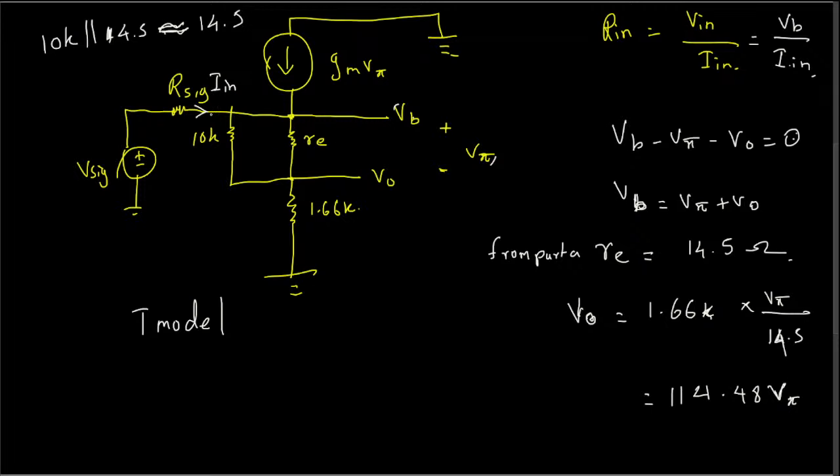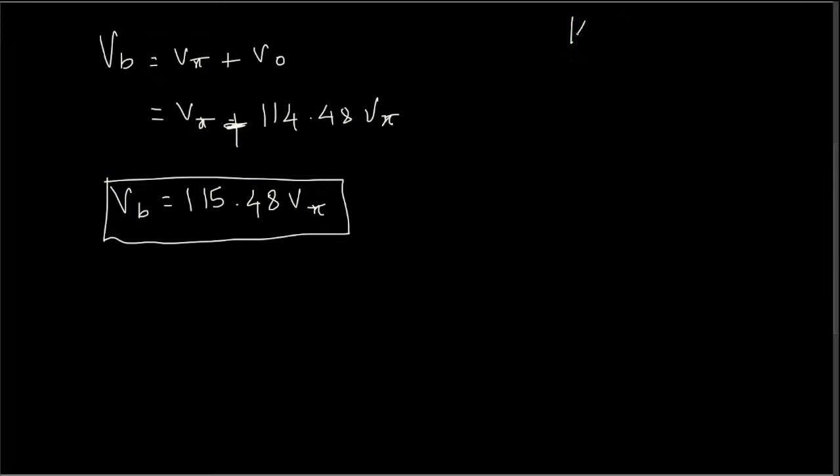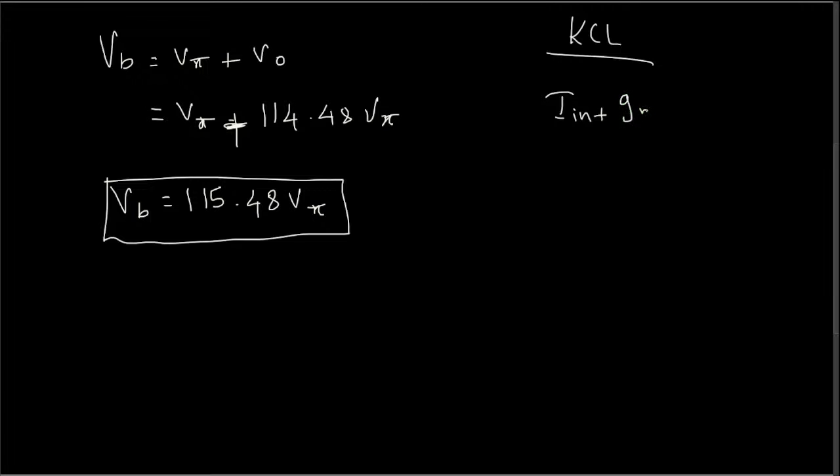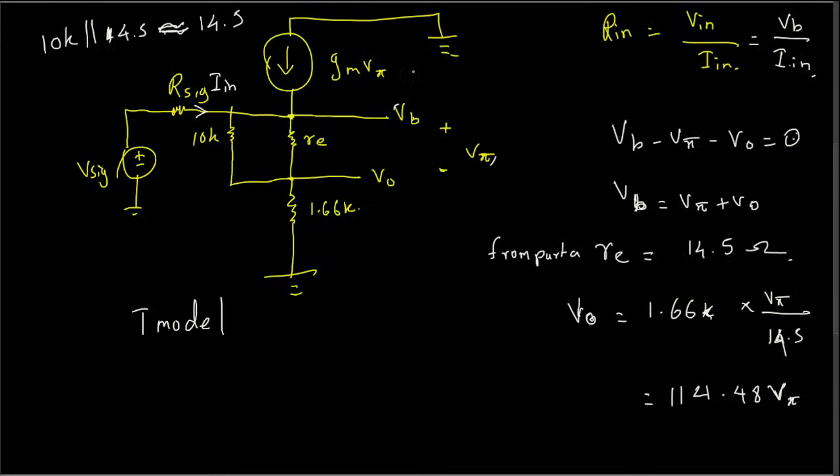So I in is the base current, and the collector current and base current enter this node, and that is the current exiting through this node right here. So if I apply KCL, I in plus this GM V5 should be the current exiting through the emitter.